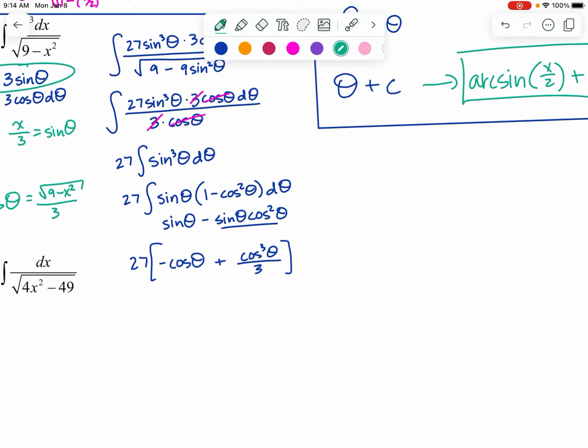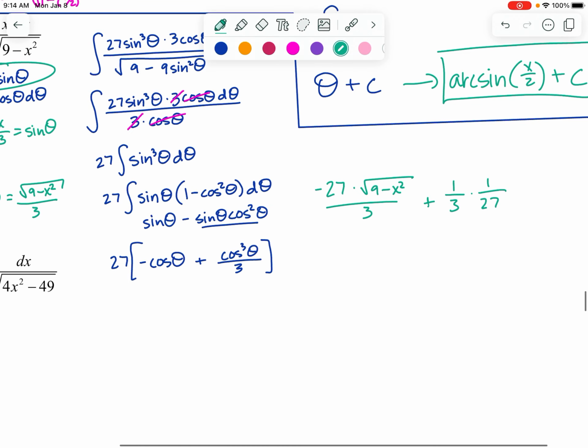All right, so let's see. My final answer, I think I'll go ahead and distribute the 27 as I plug in. So I'm going to have 27 times negative cosine, which is going to be root 9 minus x squared over 3. And then I'm going to have plus cosine cubed over 3. So I'll put the 1/3 out in front. Cosine cubed is going to have a 1 over 27. And then I'm going to have, oh, I don't love this. I don't really want to have my radical cubed.